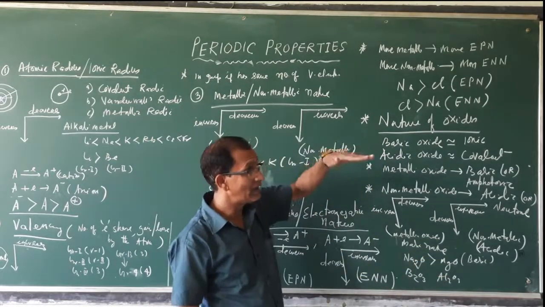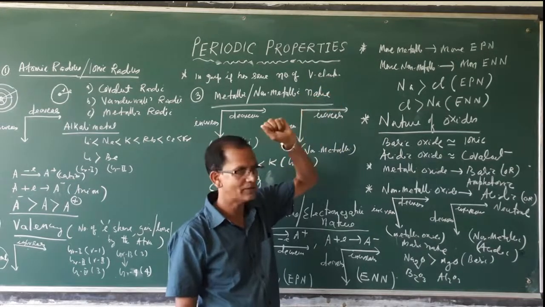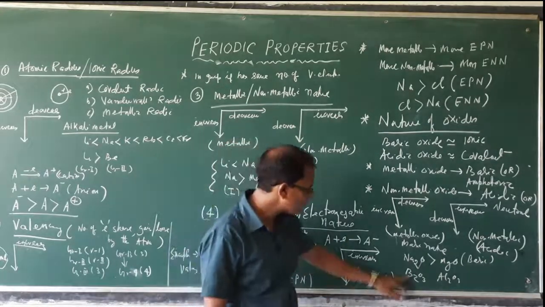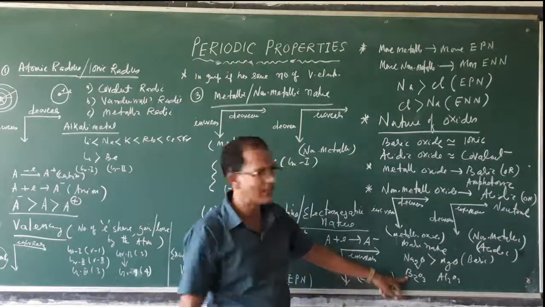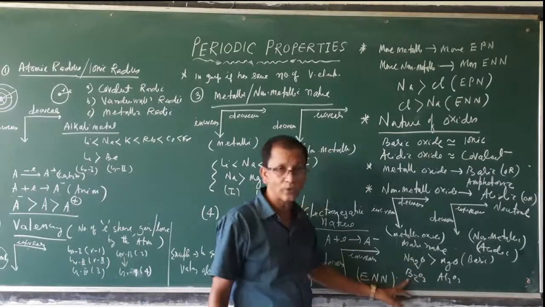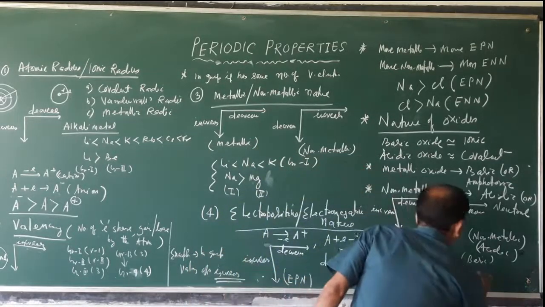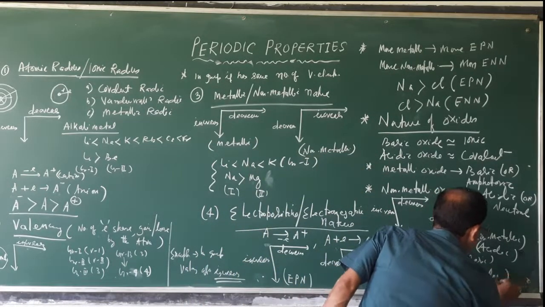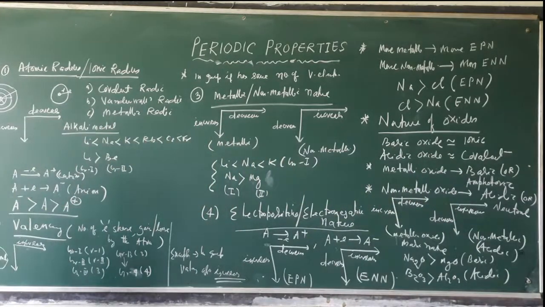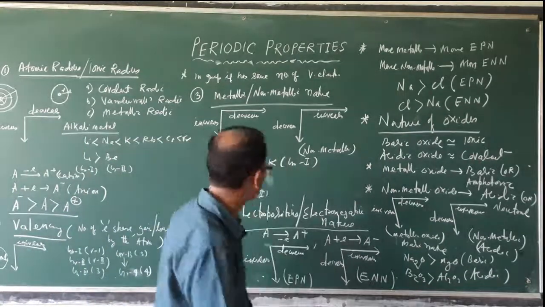The elements at the top have more non-metallic character, those below have less. As boron is more non-metallic than aluminum, the acidic character of boron oxide is more. So these are very important regarding the acidic character of oxides, whether metallic or non-metallic. Okay?